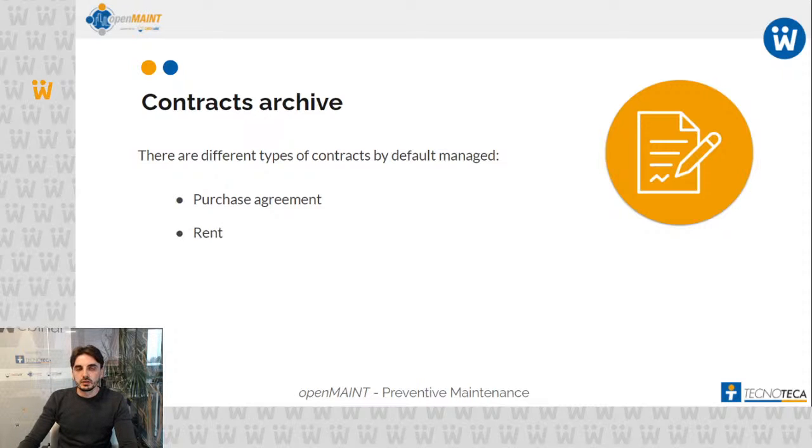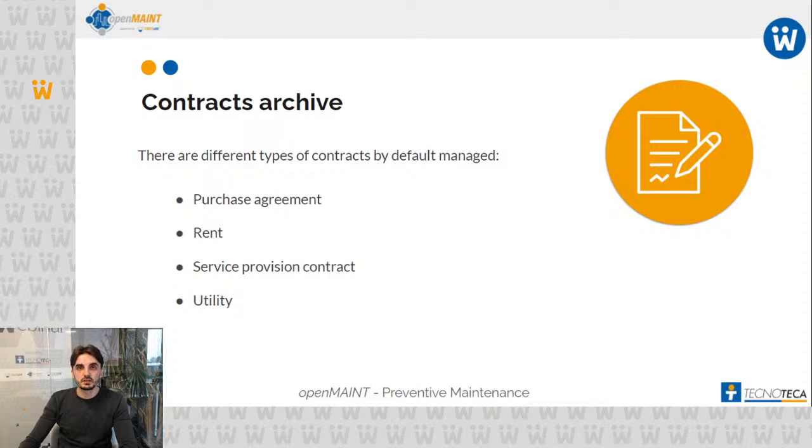We then have the rent contracts, which are intended for things like apartment rents and similar. Then there is the service provision contract, which is intended for the provisioning of specific services. And then we have utility, which is meant to be used for things like energy, or for example, gas utilities, water utilities, internet, and stuff like that.